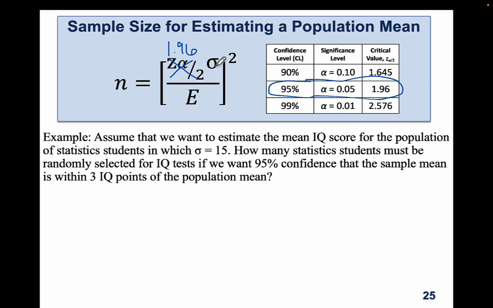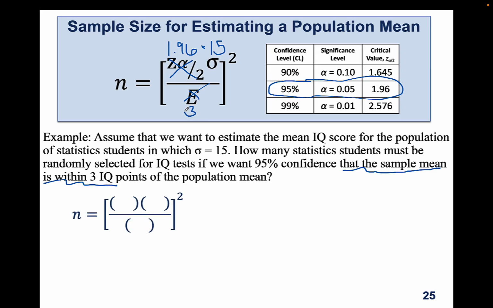Let's see if they give us sigma. They did. It's 15. And the last thing we need to use this formula would be the margin of error, capital E. It is written in words here, so we've got to read it carefully. It says 95% confident that the sample mean is within 3 IQ points. So this is going to change to a 3. Okay, we definitely have everything we need.